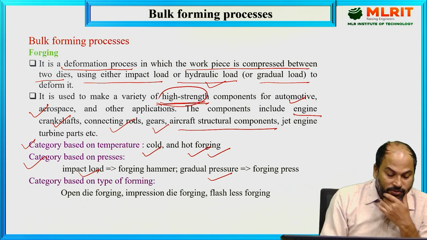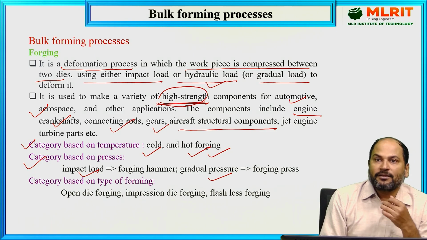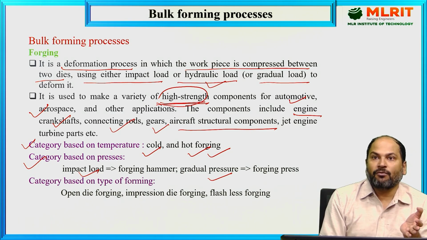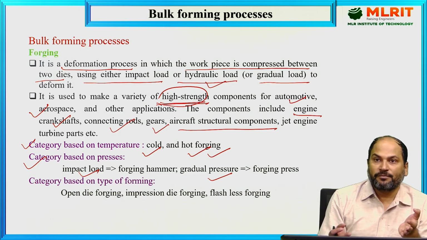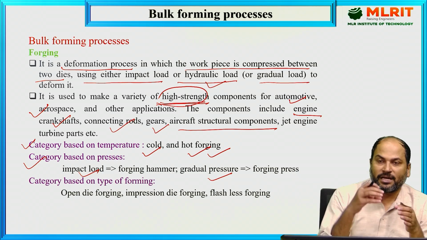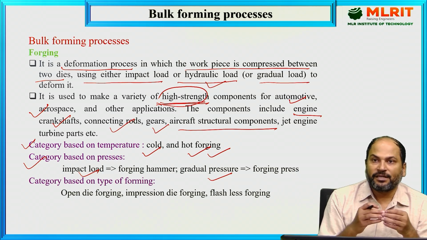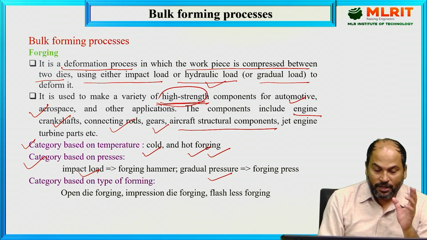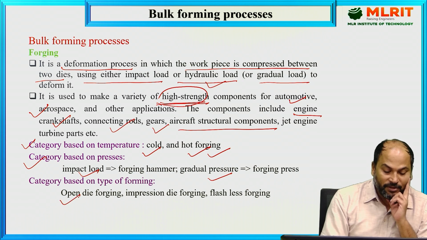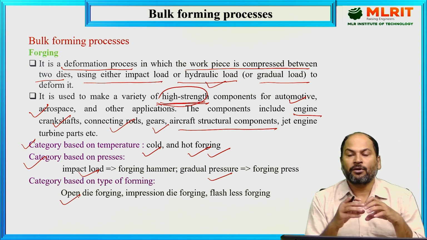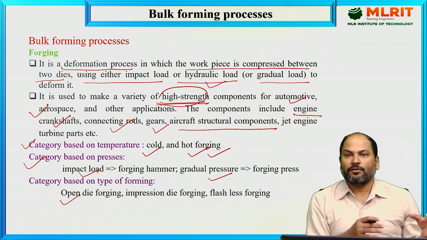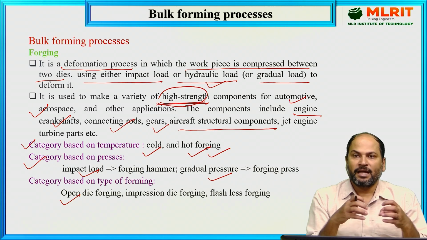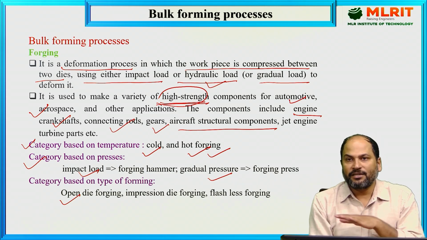The third category is the shape, where we are deforming the material, means the die we are using, whether it is open or closed. Depending upon that, it may be open die forging, where there will be no restriction in the flow of the material. We are applying the force, and in the transverse direction material is free to flow.